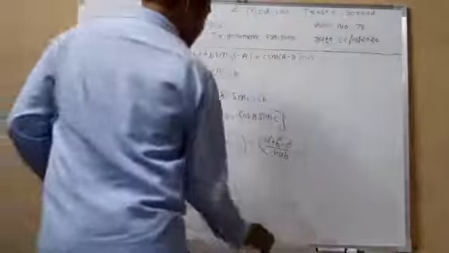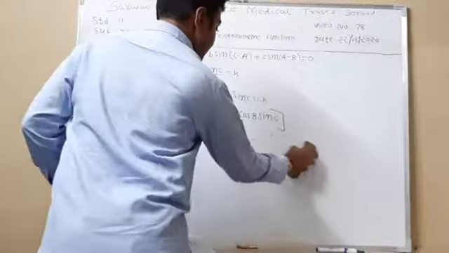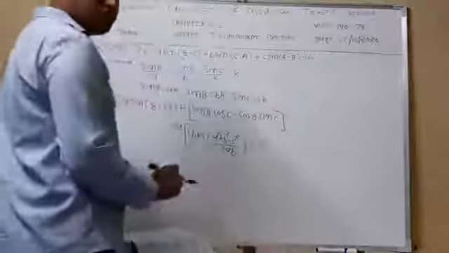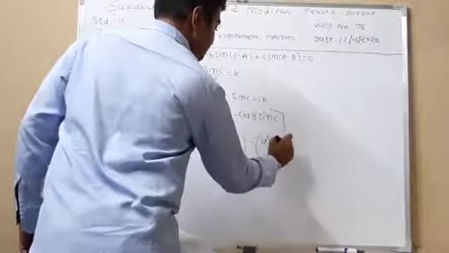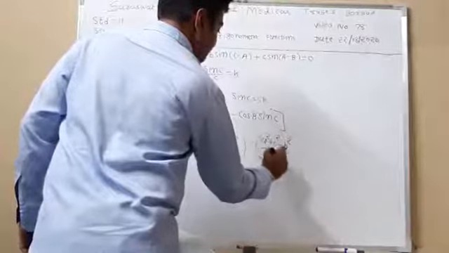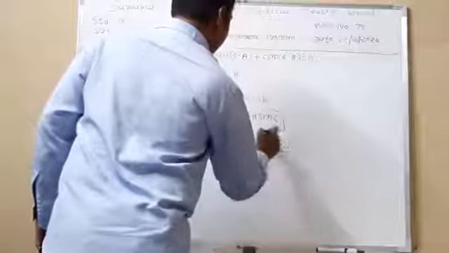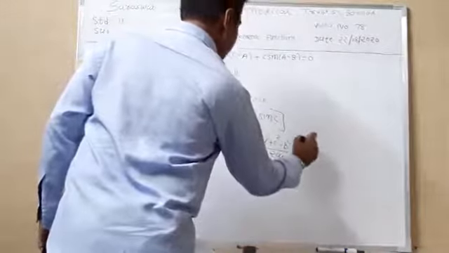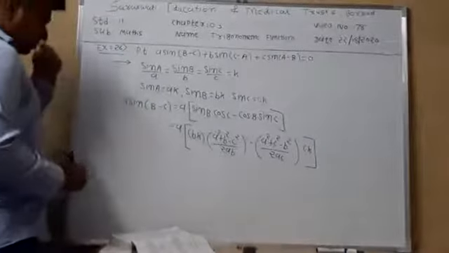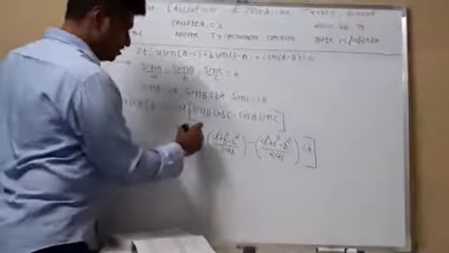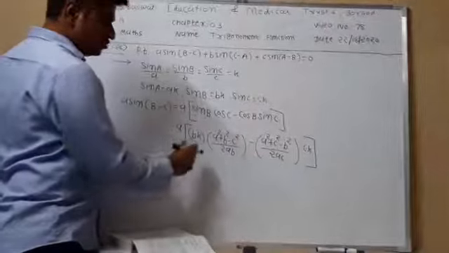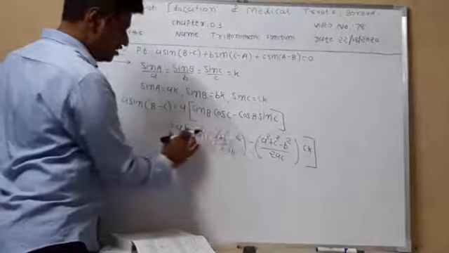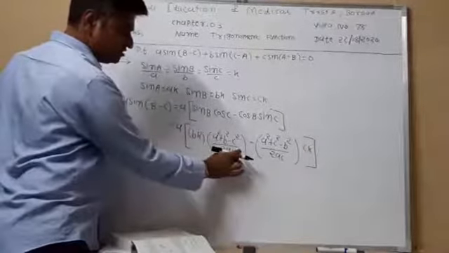Minus cos b, applying the formula of cos b: in place of cos b write a square plus c square minus b square upon 2ac, and in place of sin c write ck. Now multiplying a into this bracket, ab and ab cancel out.